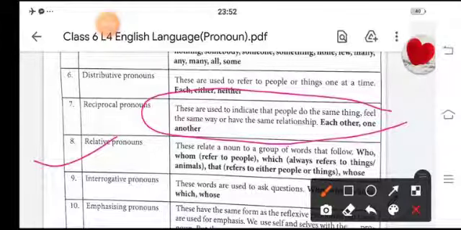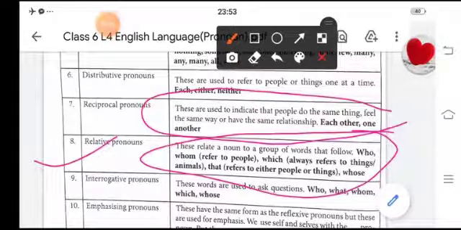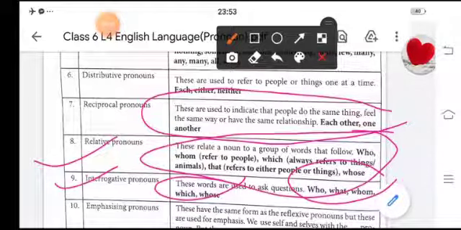Relative pronouns relate a noun to a group of words that follow: who, whom, which, whose. Who and whom refer to people, which always refers to things or animals, and that is used to refer to either people or things. Interrogative pronouns are used to ask a question: who, what, whom, which, whose.